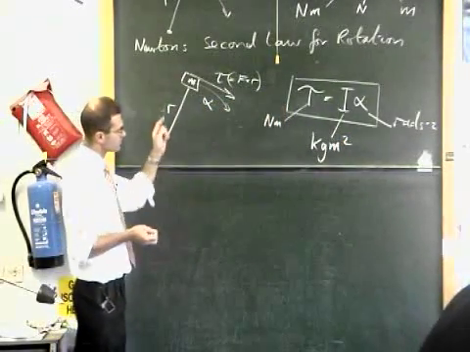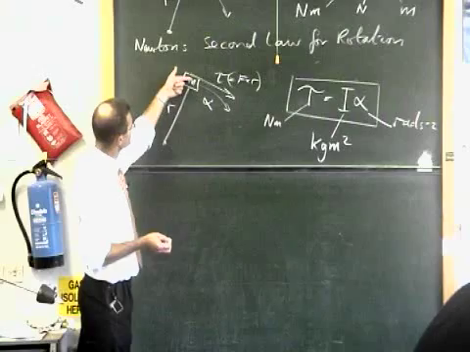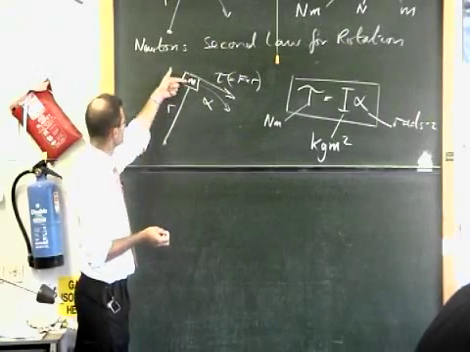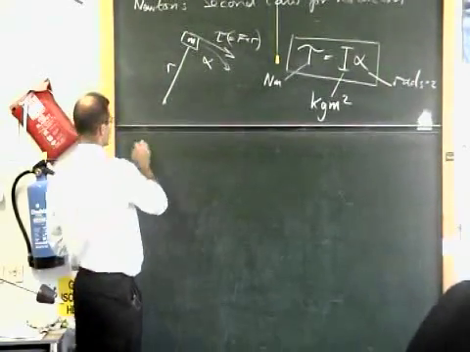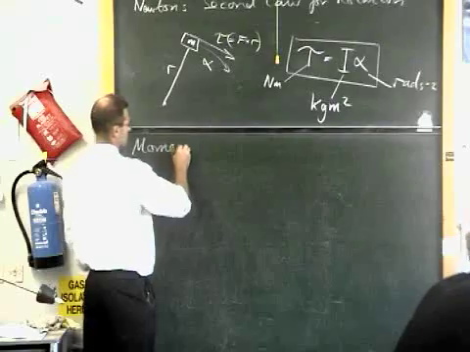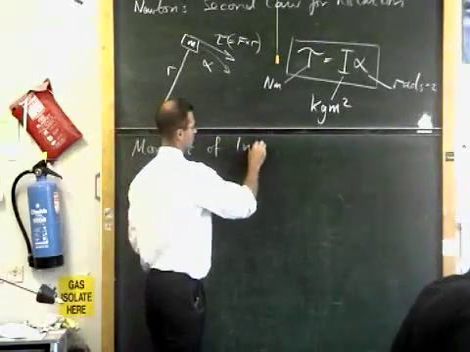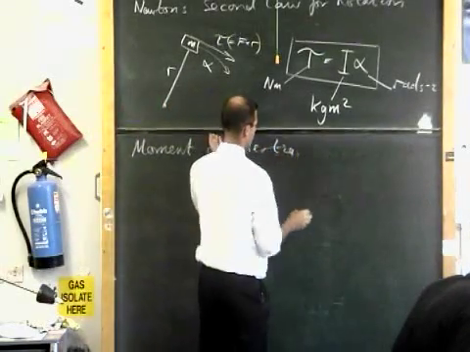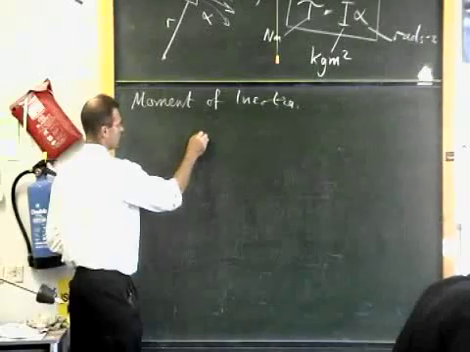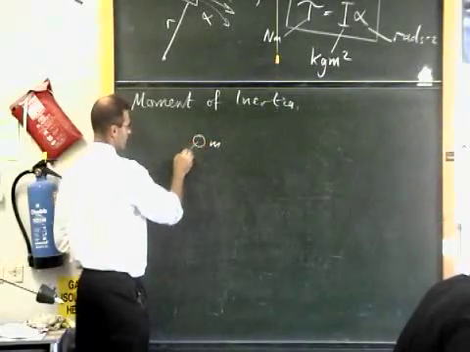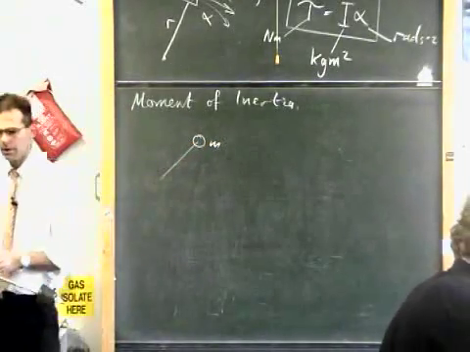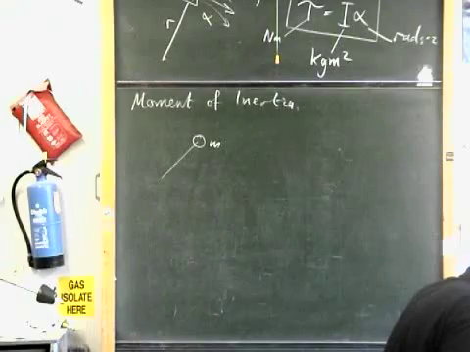And so for a point mass, this is now moment of inertia. So just a single mass with a light string.